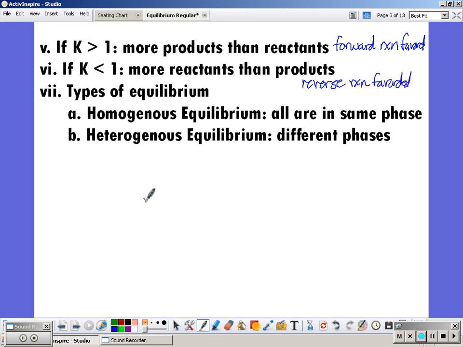A homogeneous equilibrium means that all substances in the reaction are in the same phase, so they're all gases or they're all aqueous. A heterogeneous equilibrium occurs when you have something in a different phase. So you might have a solid and two gases, or a liquid and two aqueous, or a solid, a liquid, and a gas. So heterogeneous, different phases; homogeneous, the same phase.